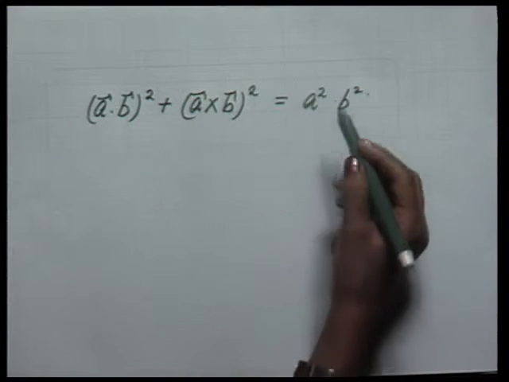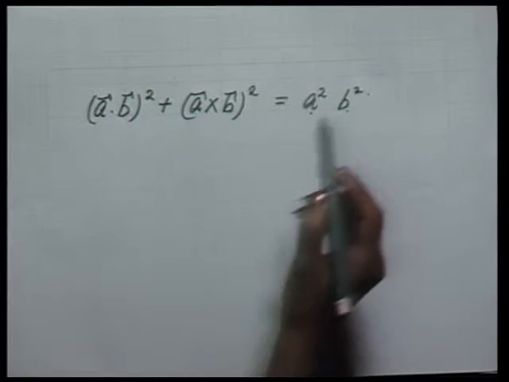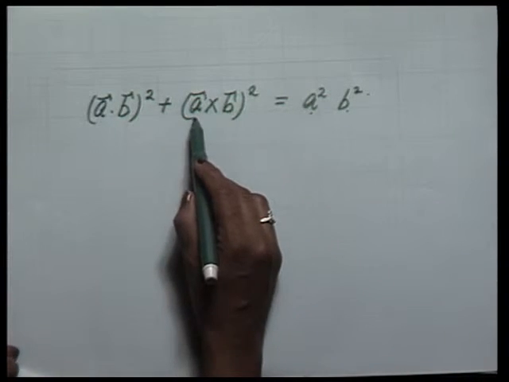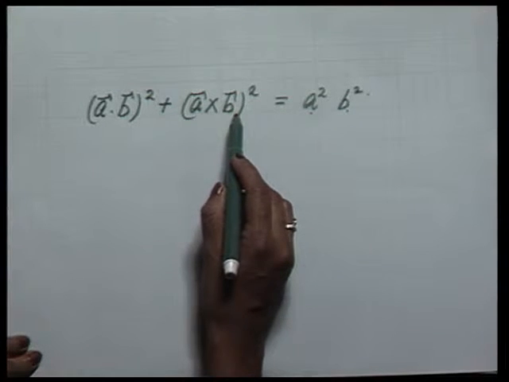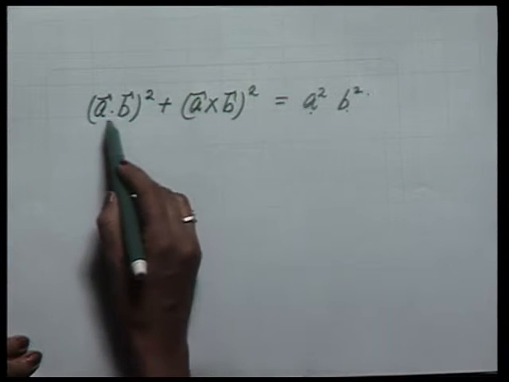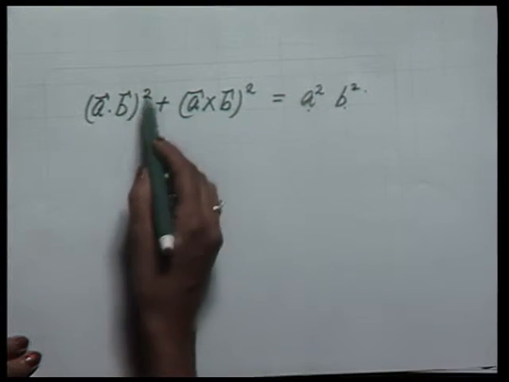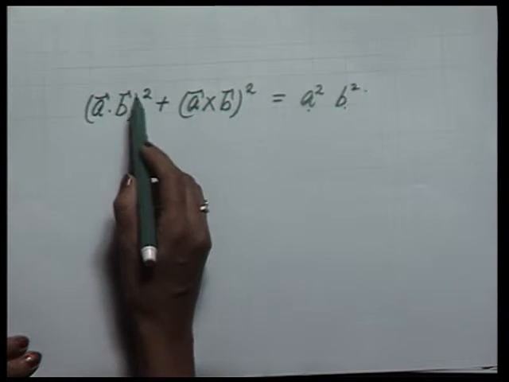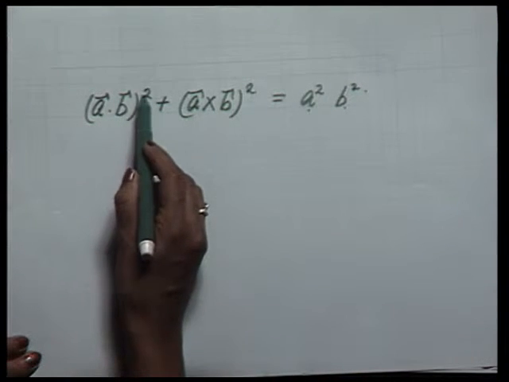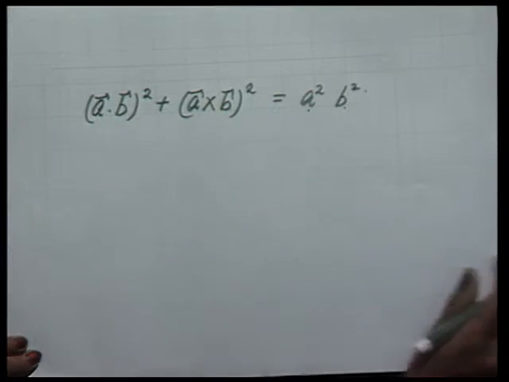In this problem, we are given the magnitudes of A, B, and A cross B. So, we can square and substitute in this to get square of A dot B. Then taking the square root, we will get the magnitude of A dot B.